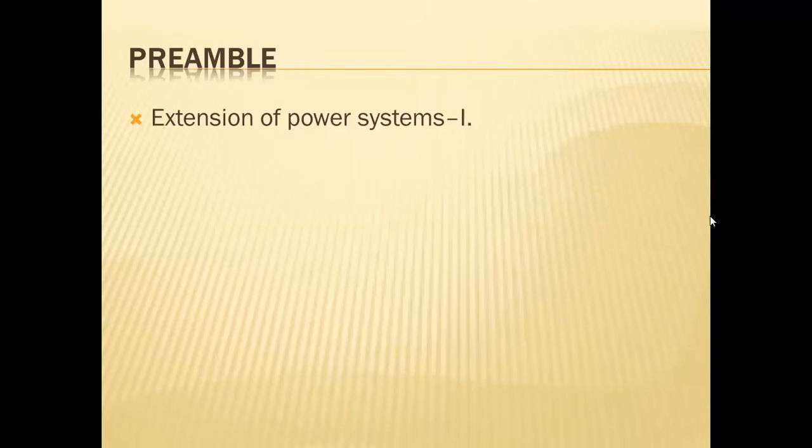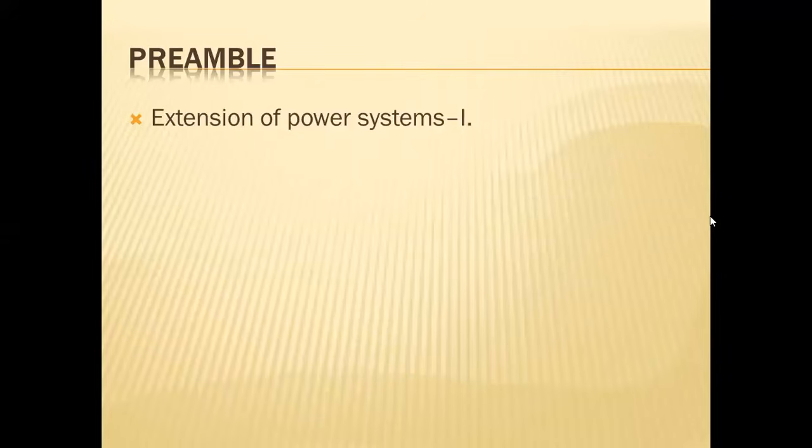Extension in the sense, these generating stations are usually located at remote areas as per the requirement of source energy. If it is a hydro plant, it will be located close to the availability of water. If it is a thermal plant, the optimal location will be selected based on the availability of coal and water. Nuclear plants will usually be away from densely populated areas.